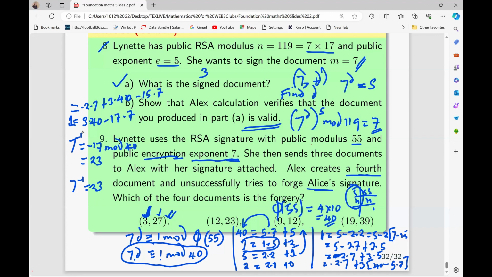After receiving 3, she raises it to D. So this is our signature.